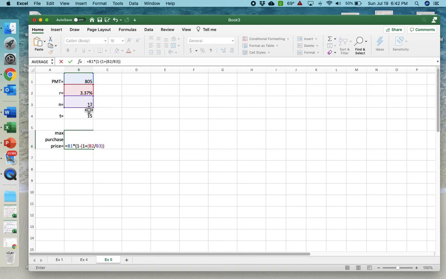So close the 1 plus R over N, raise it to the negative N times T in parentheses. And close the top. Then we'll divide that by the bottom, which is just R divided by N in parentheses. And then you can see there was the amount before the down payment that he could or you could afford. And if we want to change to a 30-year mortgage, all we got to do is change the T to 30. There we go.